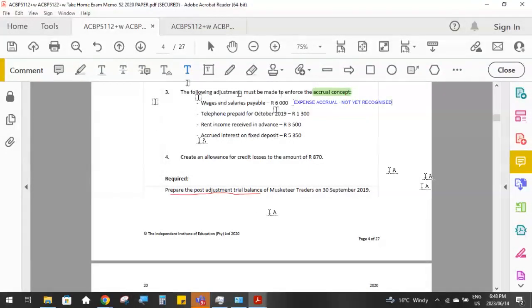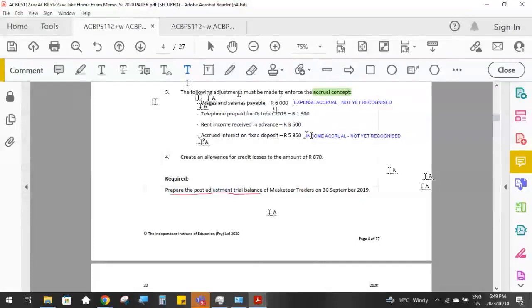And we've got this one at the bottom, which I call the income accrual, which is income that is not yet recognized, so we must recognize it.